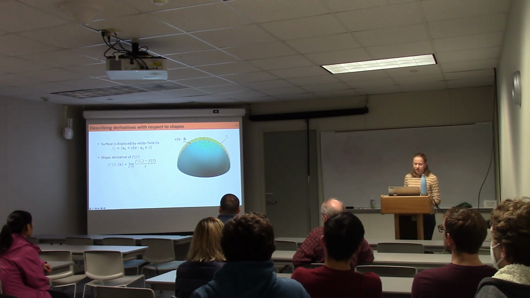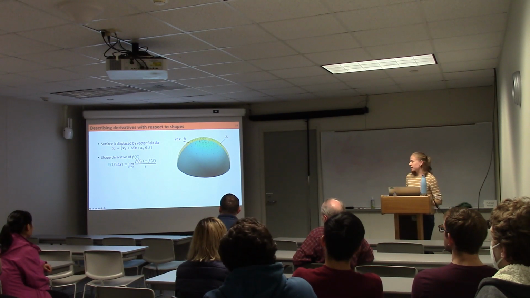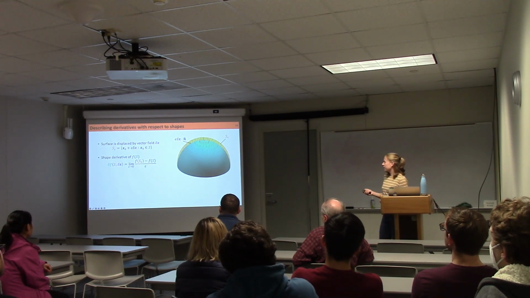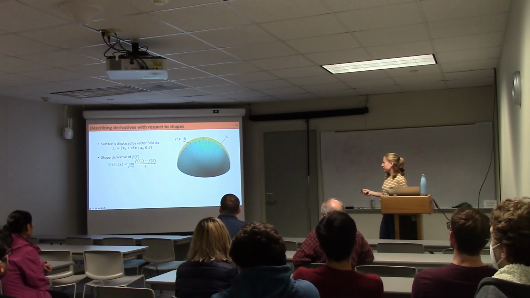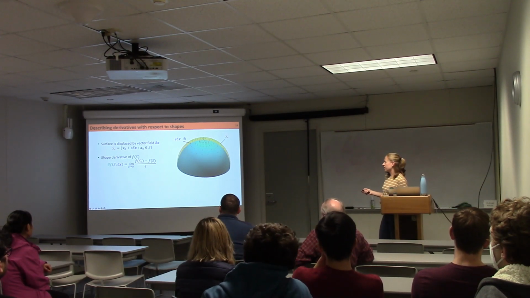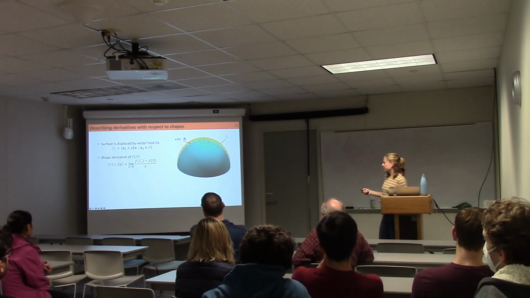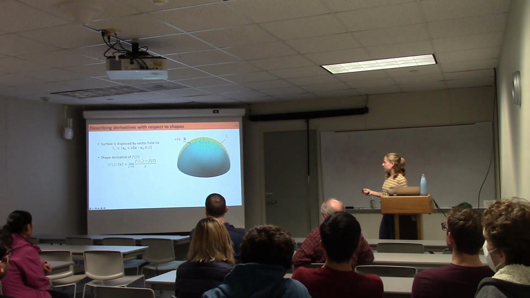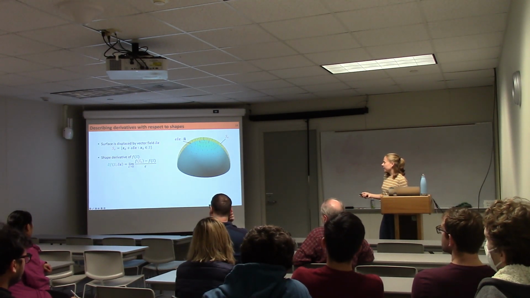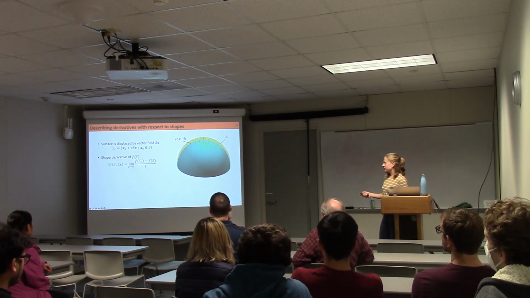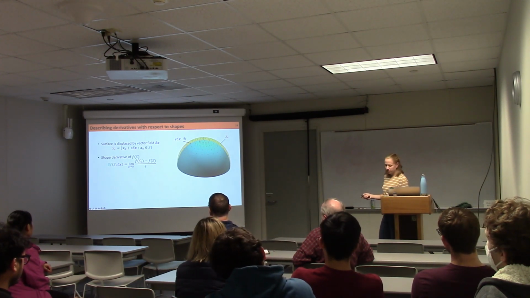The derivatives with respect to shapes can be defined. We can think about some underlying shape in green that we're perturbing with some velocity field delta x to give us some perturbed shape S epsilon. Then the shape derivative can be defined in a similar way to what we see for functional derivatives.